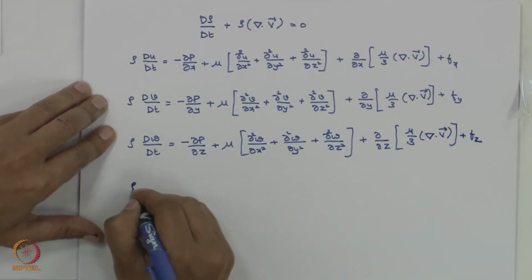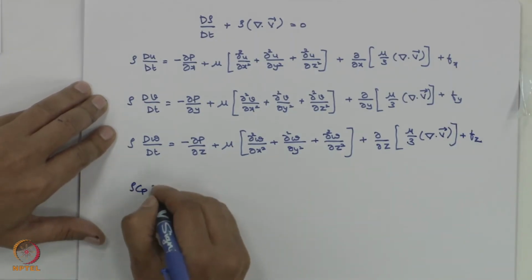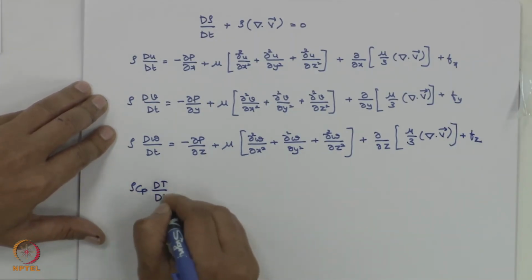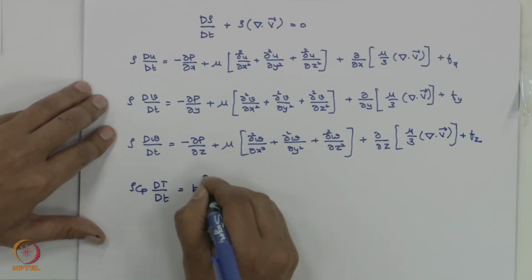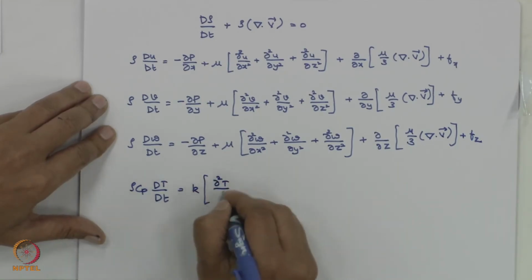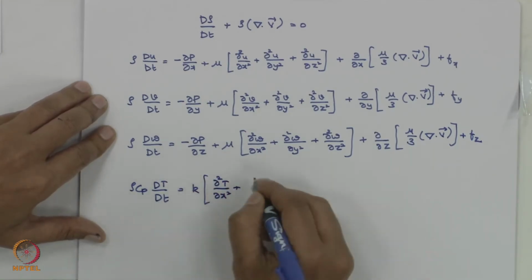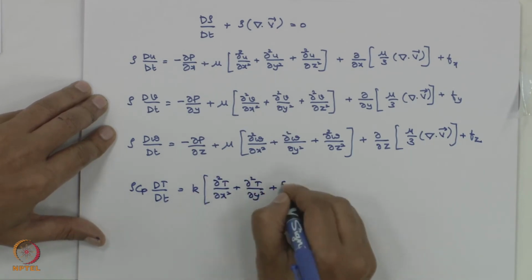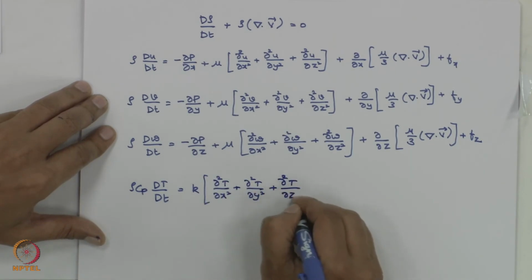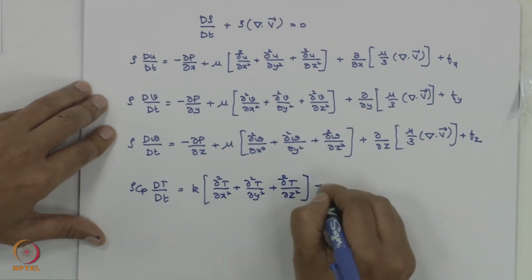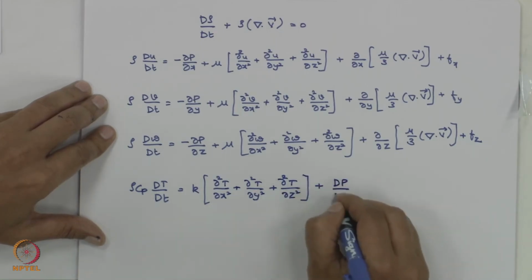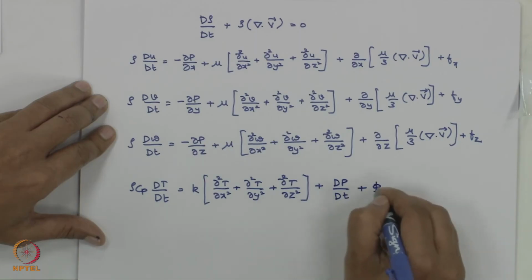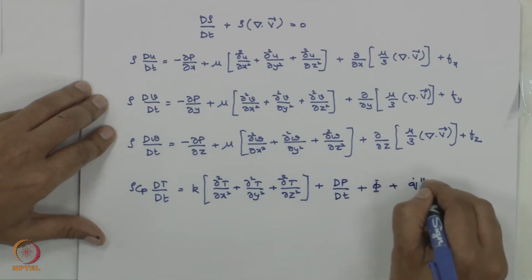And rho cp dT by dt is equal to k times del squared T by del x squared plus del squared T by del y squared plus del squared T by del z squared, plus dp by dt plus phi plus q dot triple prime.